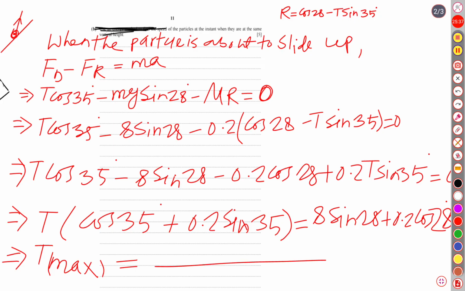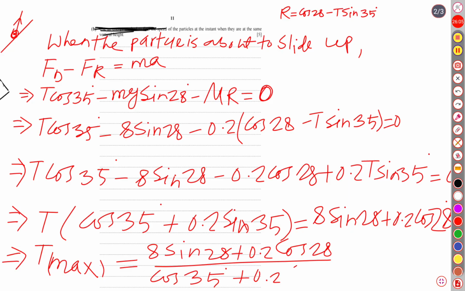So our numerator is going to be 8 sin 28 degree plus 0.2 cos 28 degree, divided by cos 35 degree plus 0.2 sin 35 degree.